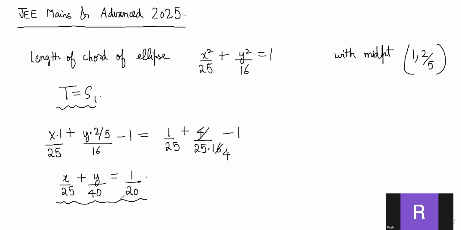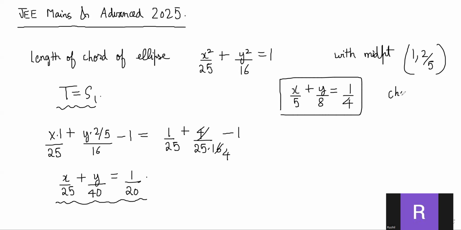This is the situation. You can divide by 5 or multiply by 5 throughout. You'll get x by 5 plus y by 8 is equal to 1 by 4. And basically, this is my equation of the chord. If I have to solve this and find the length, I'm not going to find x1, x2, y1, y2.